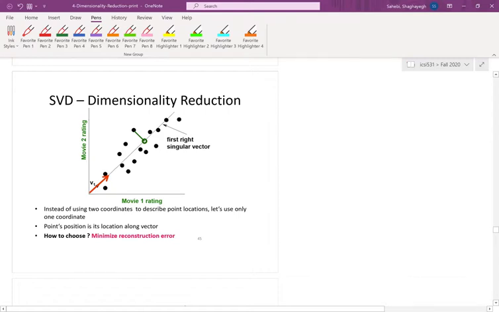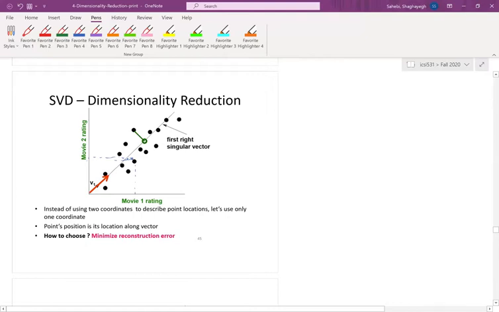Suppose that we have two movies in our data, and each data point is basically one user in this two movie space. So we have movie 1 rating and movie 2 rating, and for each user we can say what is the rating of that user in movie 1 and in movie 2.